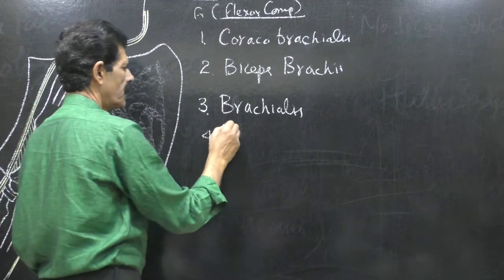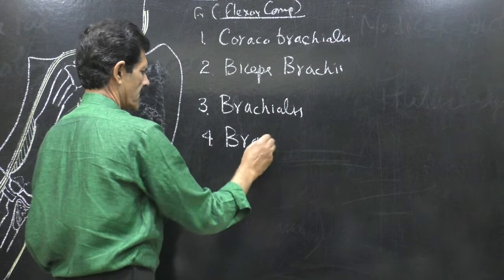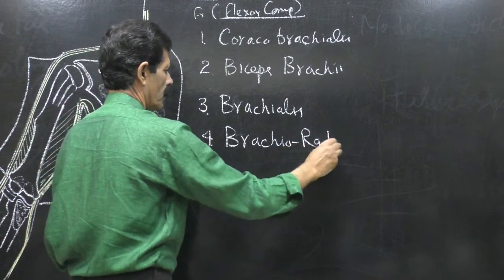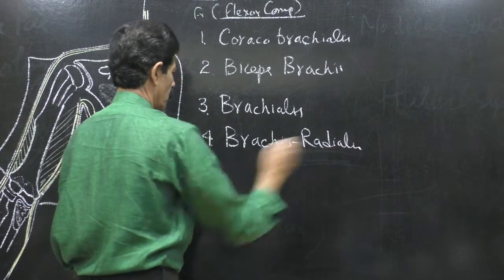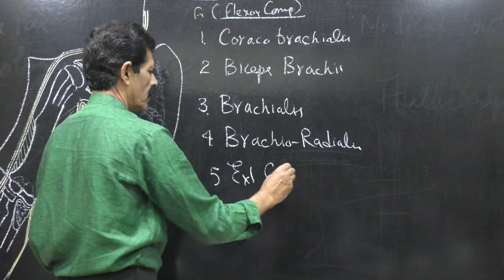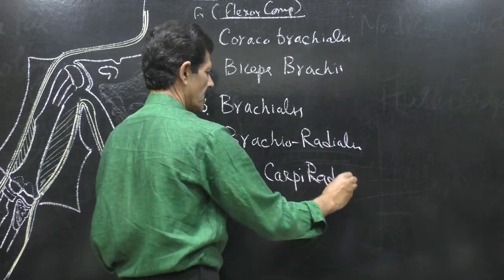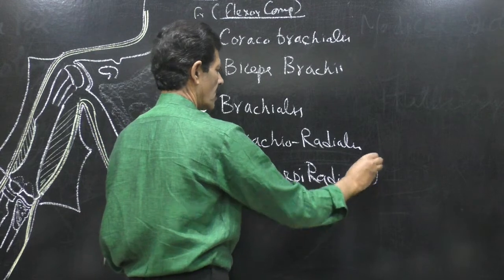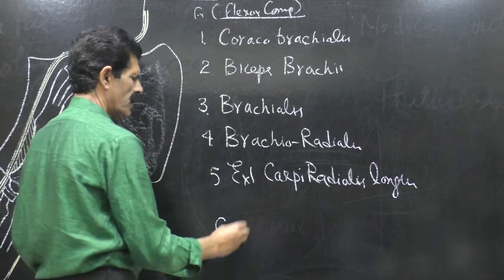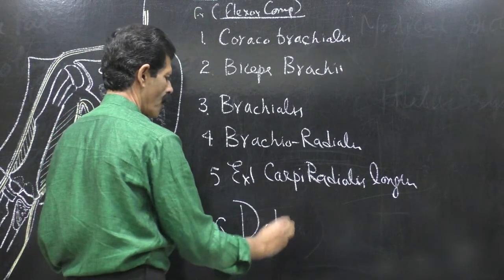The fourth muscle is the brachioradialis. The fifth muscle is the extensor carpi radialis longus. And the last muscle, a very important muscle, is the deltoid.